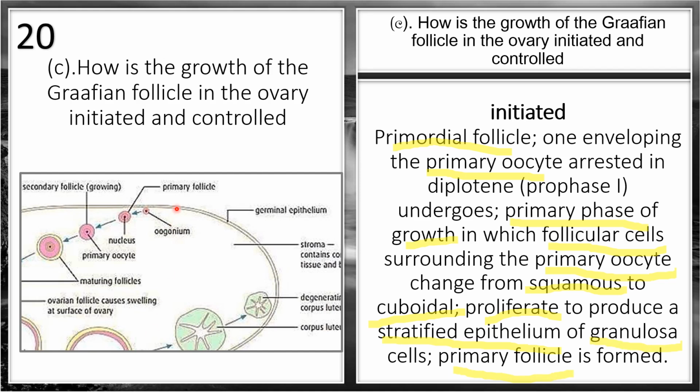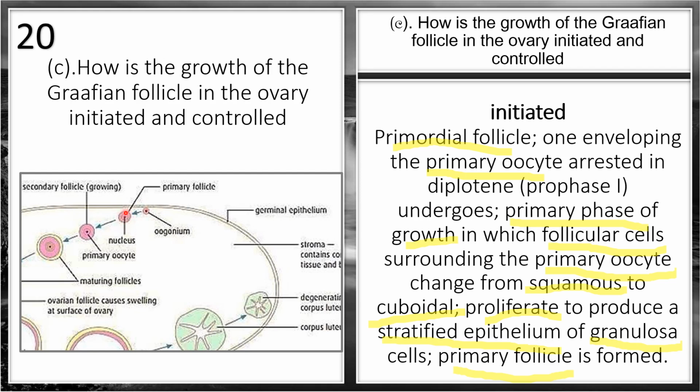When you look here, you will see the germinal epithelium, and we have the oogonium coming off from the germinal epithelium. It becomes surrounded with the primordial follicle, which is going to undergo the primary phase of growth.